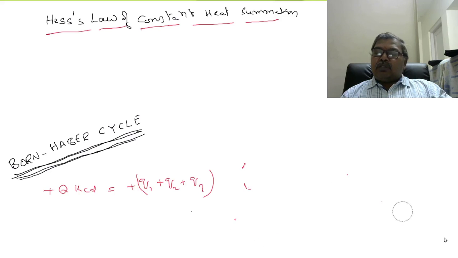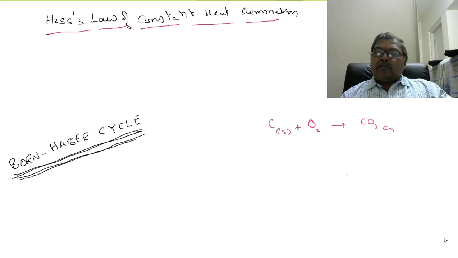Okay. I am giving one simple example, but actually I don't know the energy changes in those reactions. But see, when carbon is burnt in oxygen, we will get carbon dioxide gas. For example, in this reaction, Q kilocalories of energy is released.